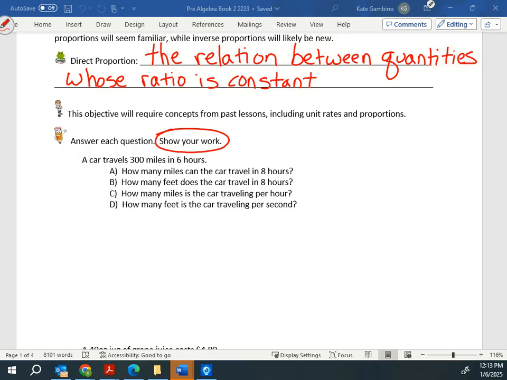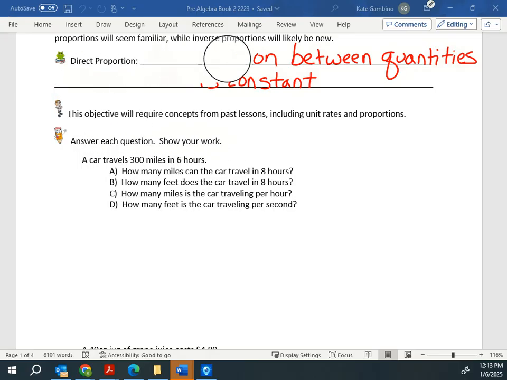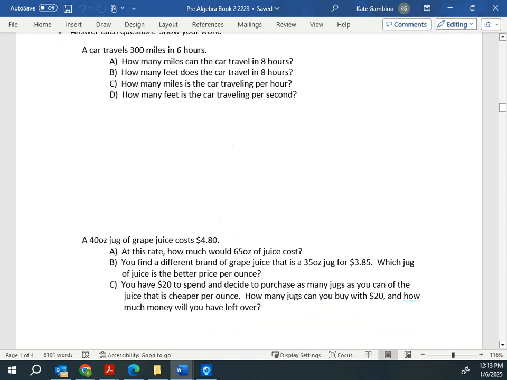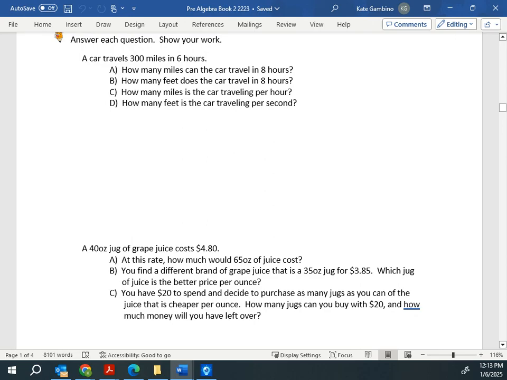So let's look at this first one to see what it all means. I'm going to scroll up a little bit so I have some more room to work. A car travels 300 miles in 6 hours. How many miles can the car travel in 8 hours?